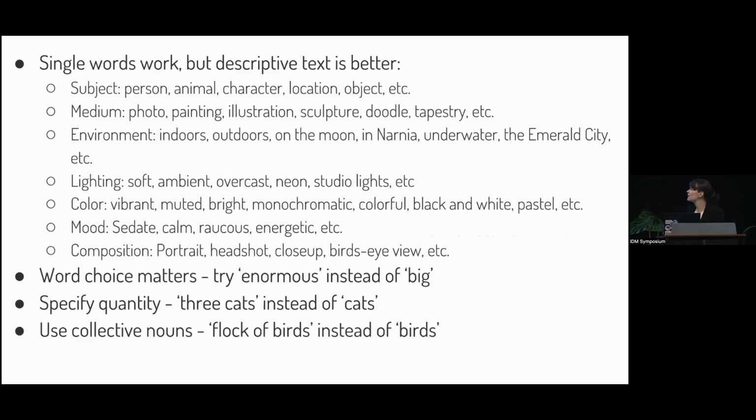So some tips when it comes to prompting: simple things tend to work the best. You might want to tell it a particular subject. This could be anything, a person, a location, a character. You can tell it to do a particular style. I'd like to see this as a doodle or a watercolor sketch or cross-stitch tapestry.